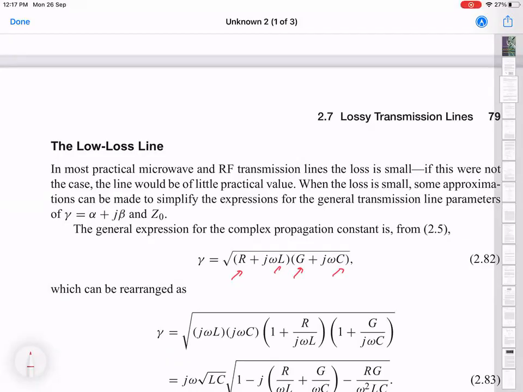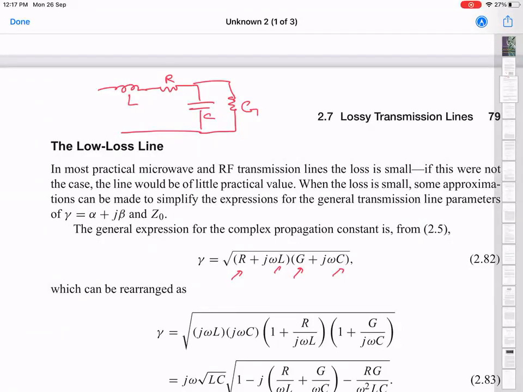So just to remind you of the elementary section: L per unit length, R per unit length, C per unit length. Conductance is just 1 over R.